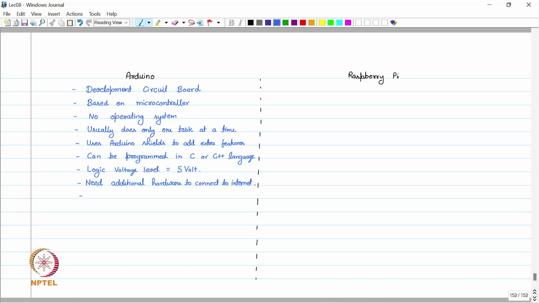And there's no wireless connectivity on the board. This has open source hardware and software.